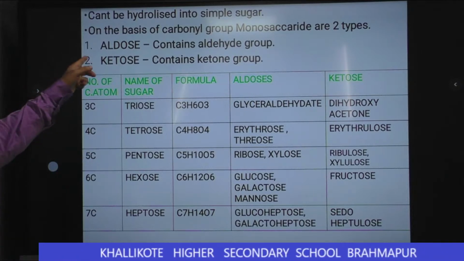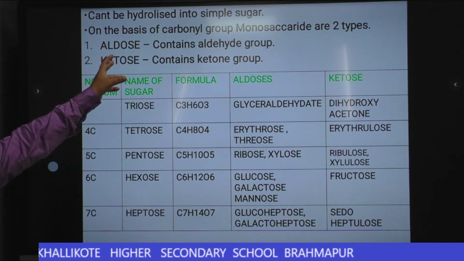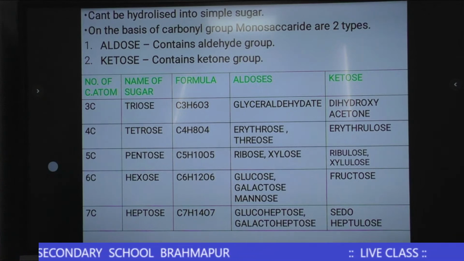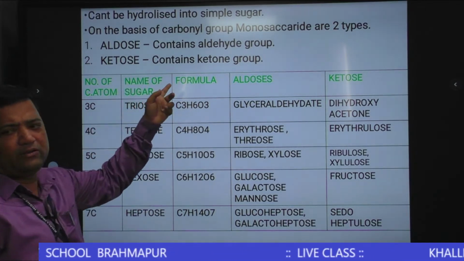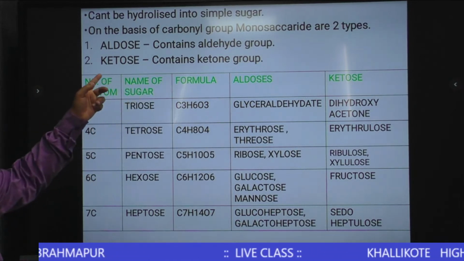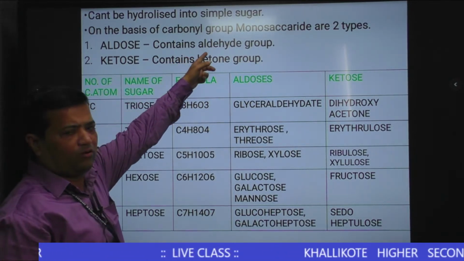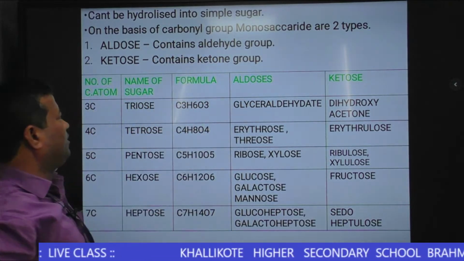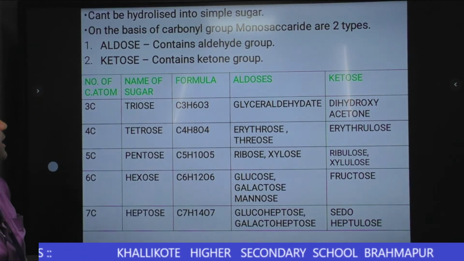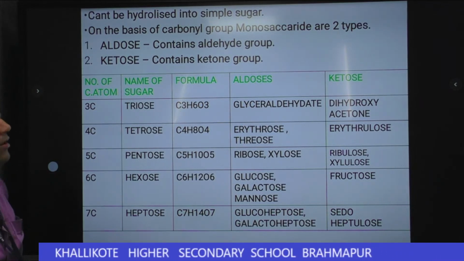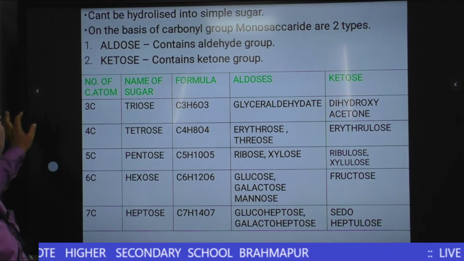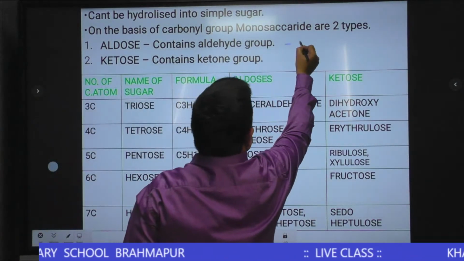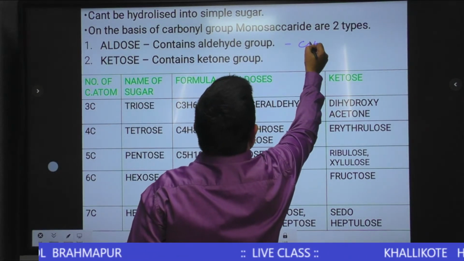On the basis of the presence of a carbonyl group, monosaccharides are of two types. Carbonyl group means aldehyde group and ketone group. If the monosaccharide contains an aldehyde group, it is called an aldose sugar. If it contains a ketone group, it is called a ketose sugar. The aldehyde group is CHO.